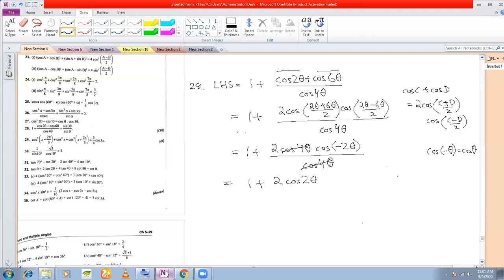And what do you have to prove here? You have to prove this is equal to sin 3 theta by sin theta.